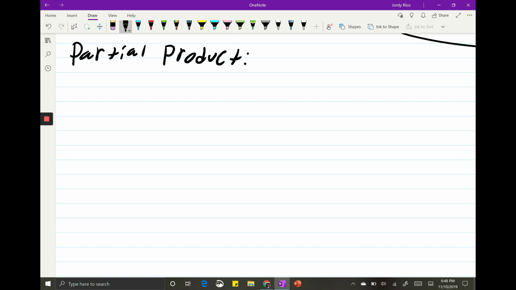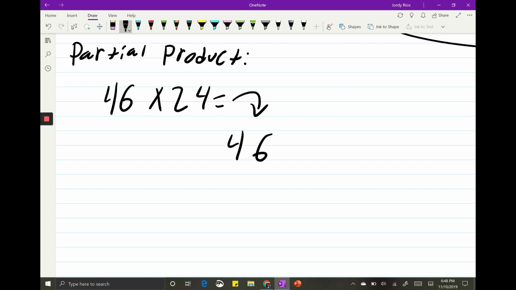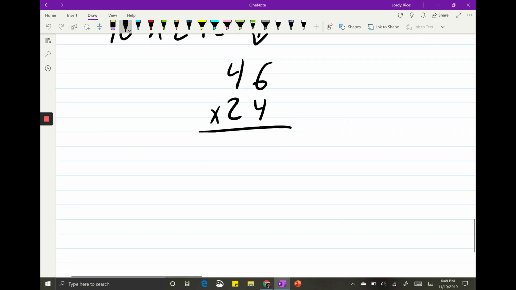So let's look at a new number, okay? Let's look at 46 times 24. When I do this, I want to make sure I stack them up so that I don't get confused with what I'm doing first, okay?